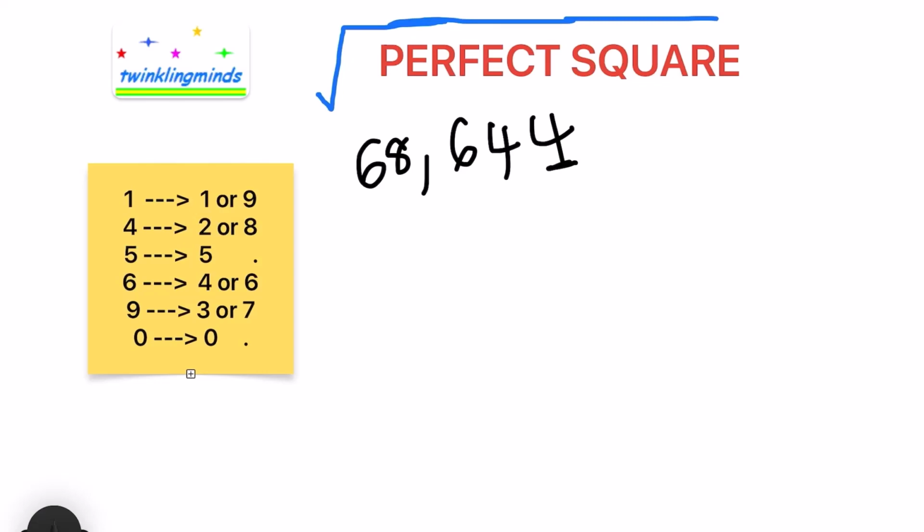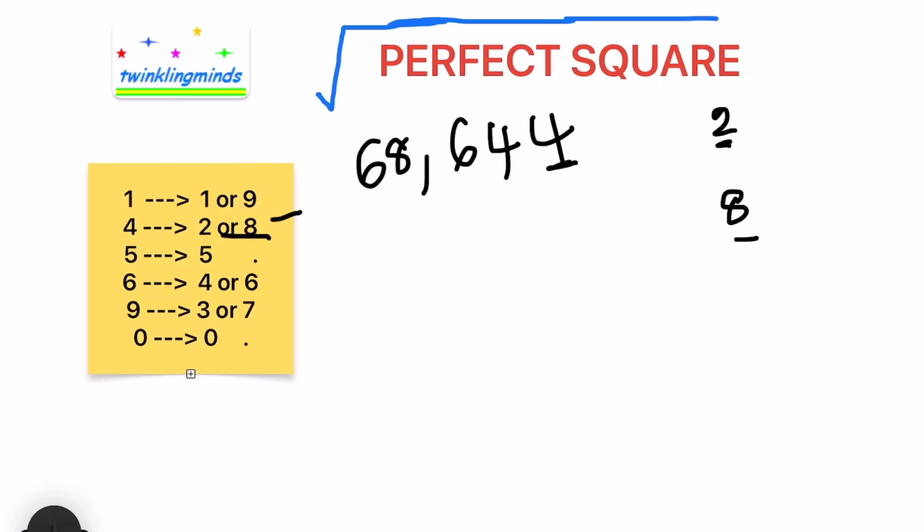Now what is there in units position? It's 4. So what do we have here? Either it can be 2 or it can be 8, right? 2 or 8. So where is this lying? I don't know.